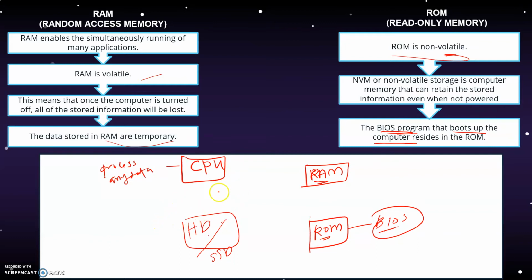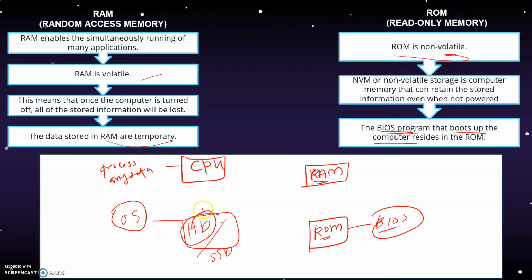So where is the operating system located? Here. The operating system is located inside your hard disk. Whatever software and data you want to store permanently will be stored inside the hard disk or SSD. This OS allows you to use other software inside your computer.